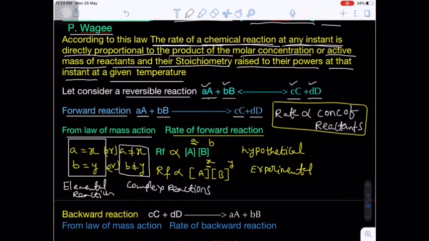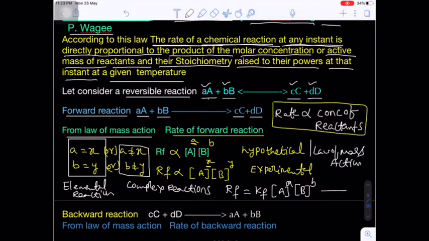Okay, now here I am writing Rf is equal to some proportionality constant. I am writing Kf into a to the power small a, b to the power small b according to the law of mass action.